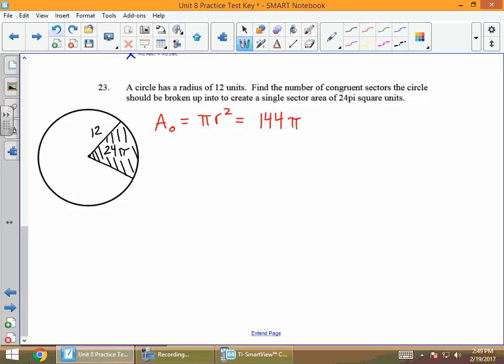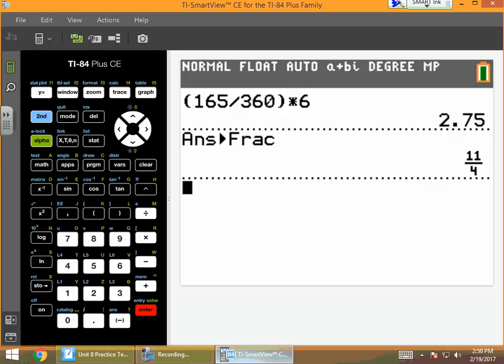And I want to divide this up evenly by sectors that are area 24 pi. So I'm just going to take my 144 pi and divide it by 24 pi. Well, the nice thing is the pi's cancel, and I'm left with the little problem of 144 divided by 24, which is 6.